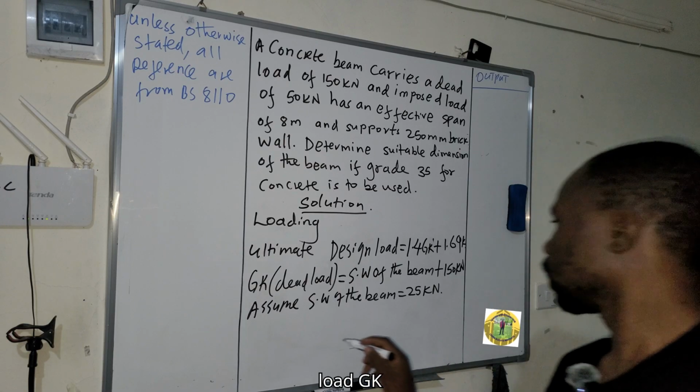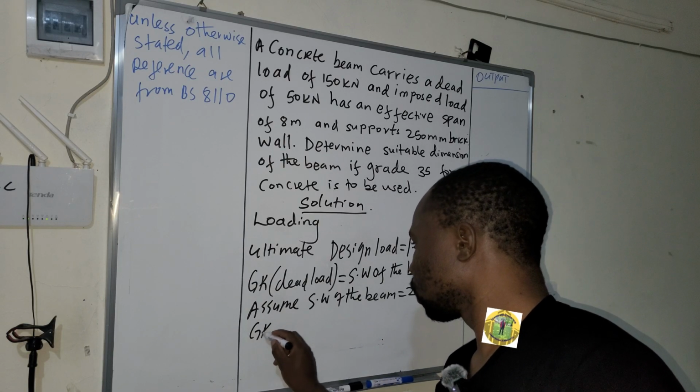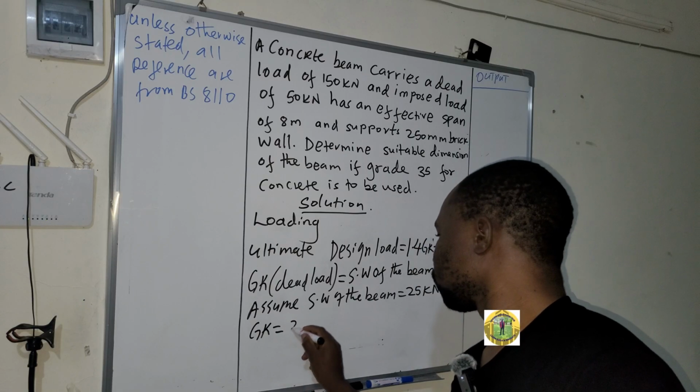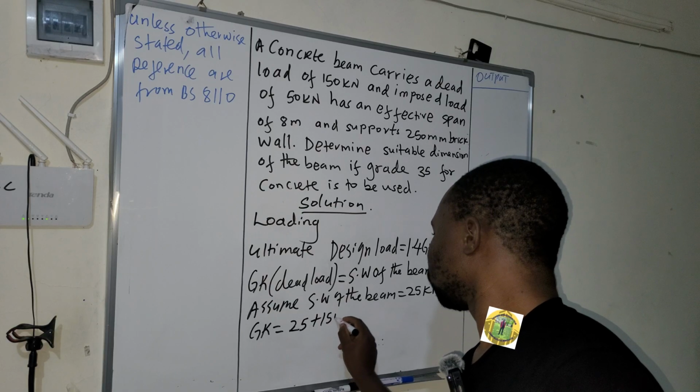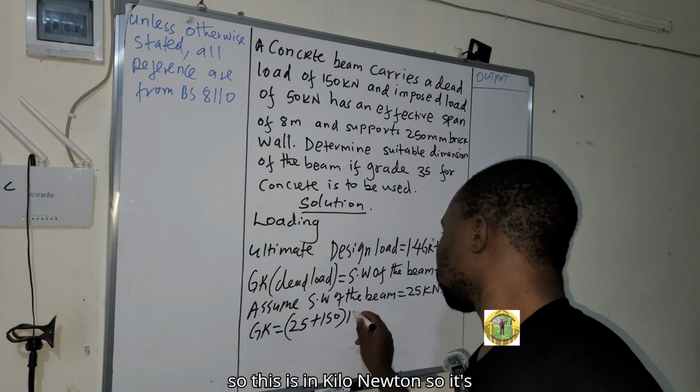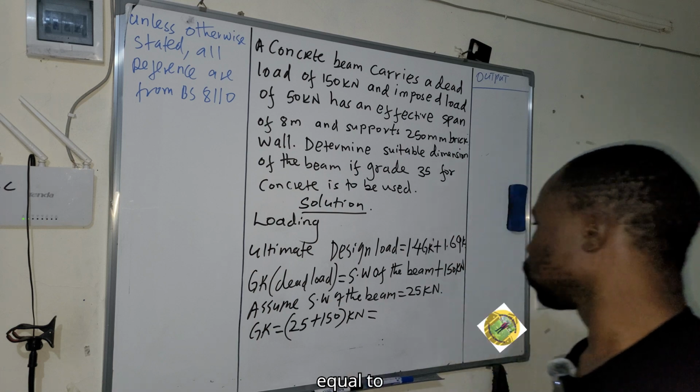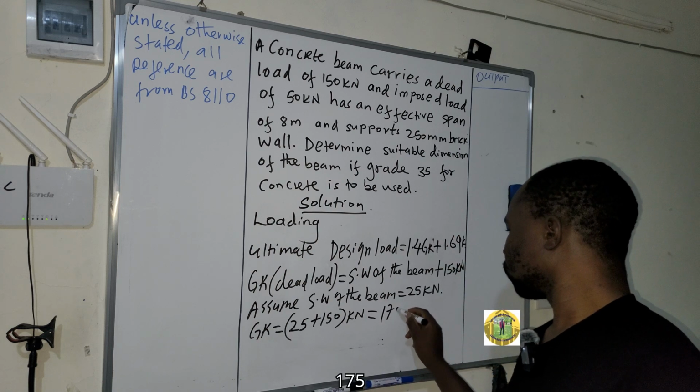So the dead load GK is equal to 25 plus 150, in kilonewton, so it's equal to 175 kilonewton.